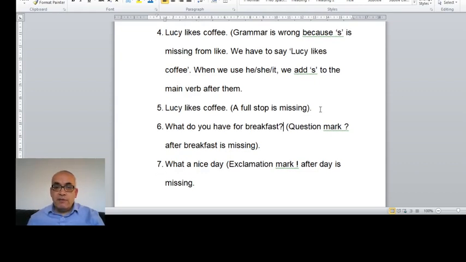If you go to number 7, what a nice day. Again, this text is wrong. If you speak about your feelings, if you are sad, if you are happy, if you are surprised, you have to put a punctuation mark at the end. And this is an exclamation mark.